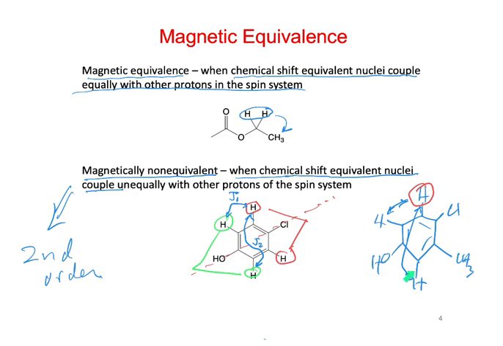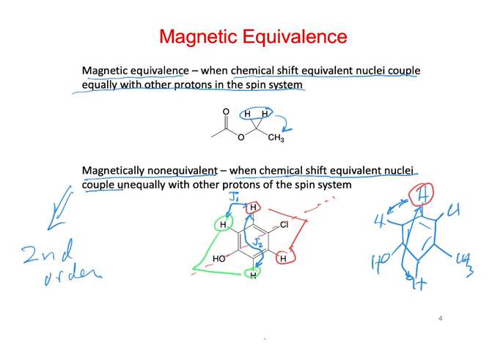But these two are no longer equivalent. So this would be a magnetic equivalent situation, not magnetic non-equivalence, because these two are different. But in this case, these two protons are equivalent to one another, but each of them has a different coupling constant to this other one.